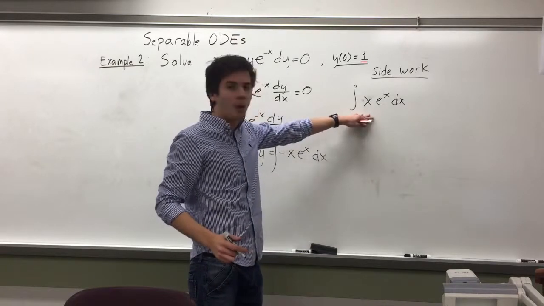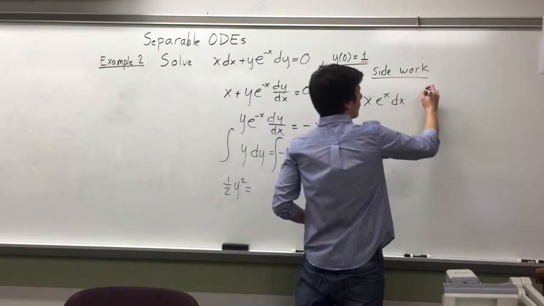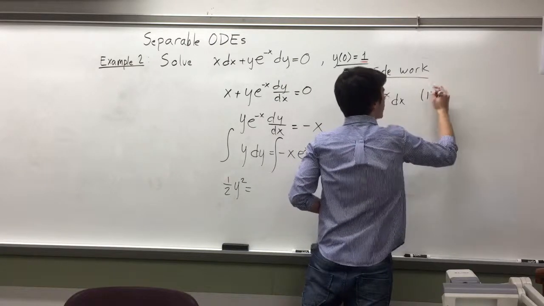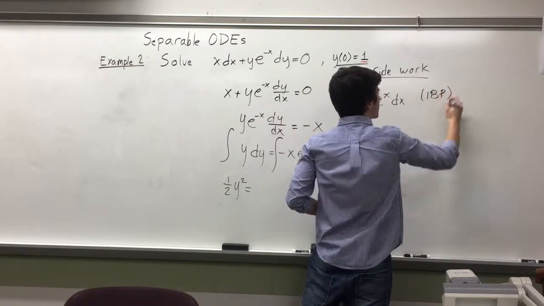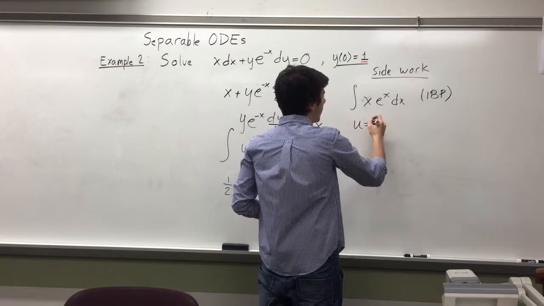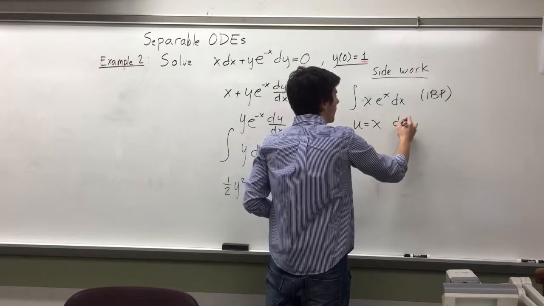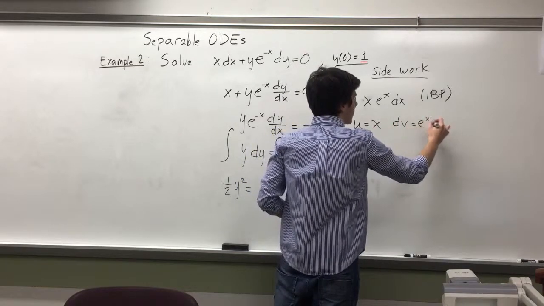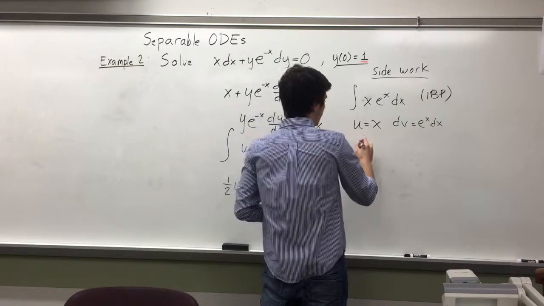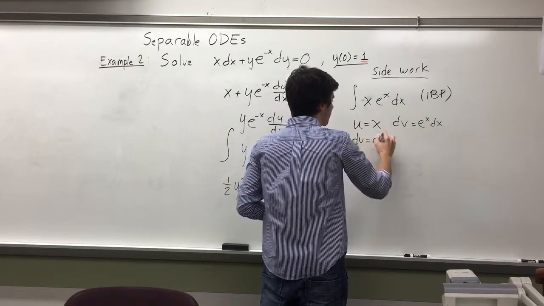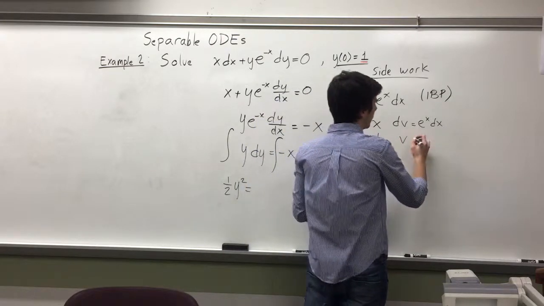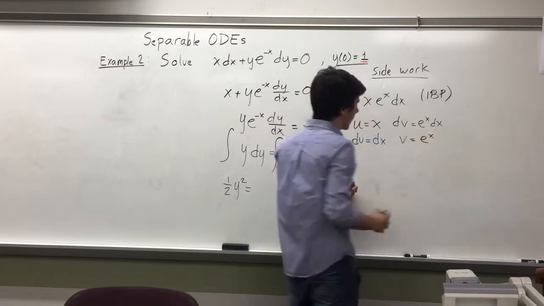So we have this integral right here, and how we solve it is using integration by parts. So by using integration by parts, we can define the u to be x and the dv to be e to the x dx. When we take the derivative of u, we have du is equal to dx, and we have that v, integrating both sides, is equal to e to the x.